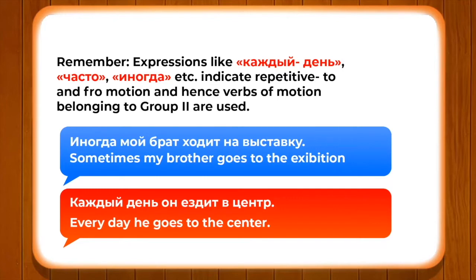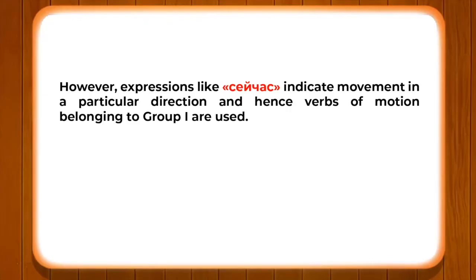So now we will go ahead, and here we would like to tell you that expressions like сейчас, which means now, indicate a movement in a particular direction, and verbs of motion belonging to group 1 are used. How? Because it is an expression of right now. So whenever you use сейчас, you have to use verbs like идти and ехать.